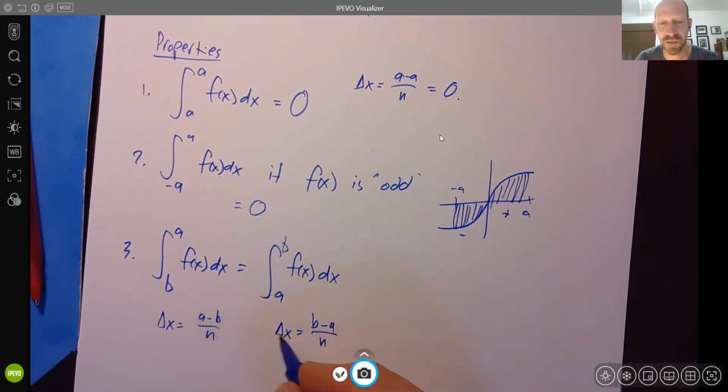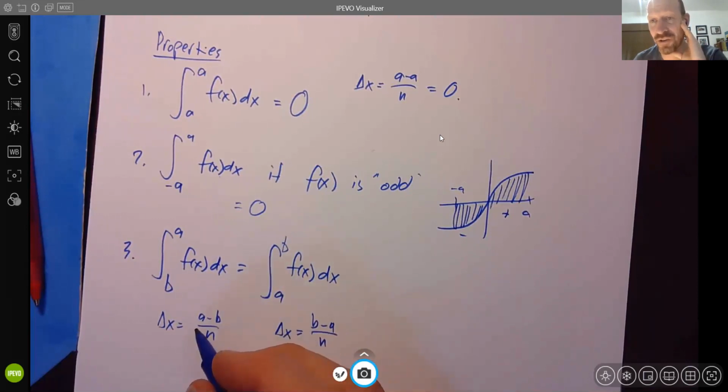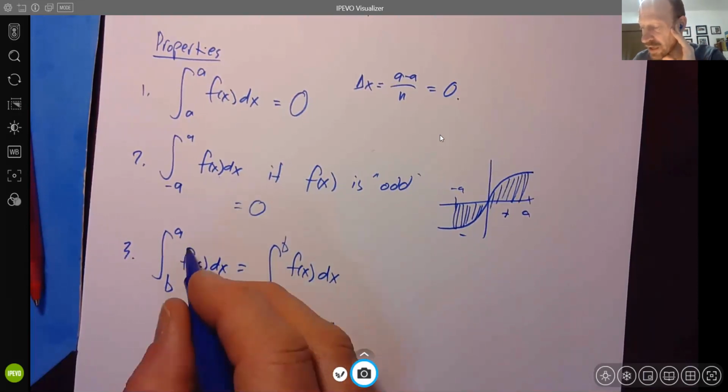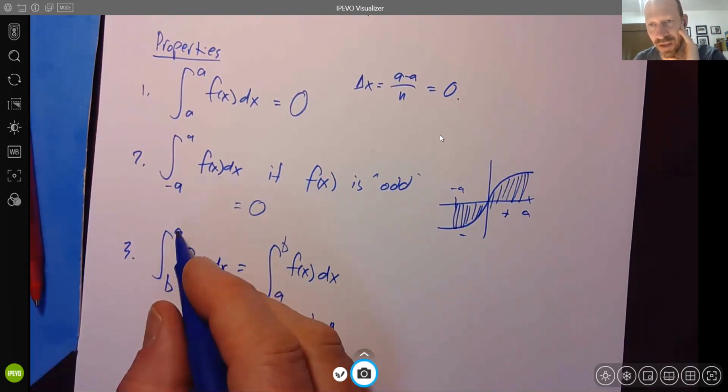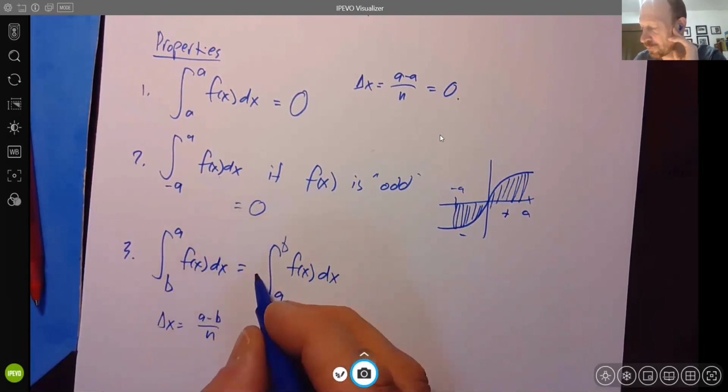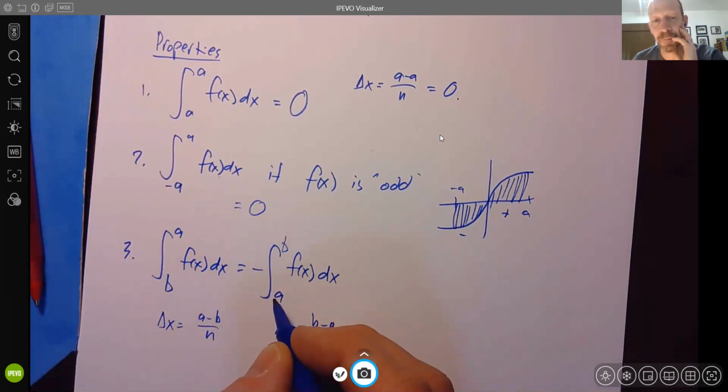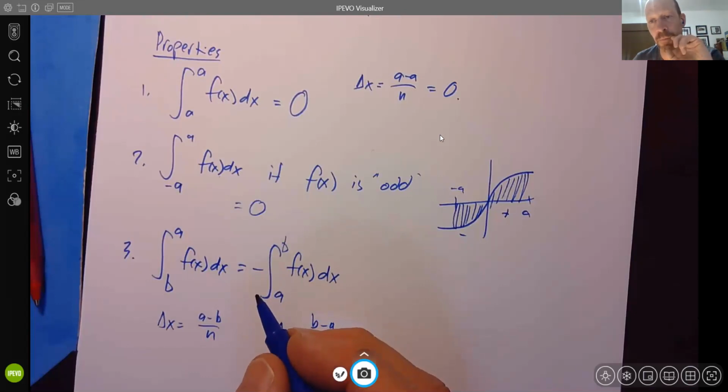One of these is positive and one of these is negative, but they're opposites of each other. So every value that I add up is going to be the opposite if I did it in this other direction, right? So it turns out that the integral, however you want to think about it, you just end up with the negative. Okay. So if you switch the bounds around, it does impact it. You get the negative of what you would have gotten the other way.